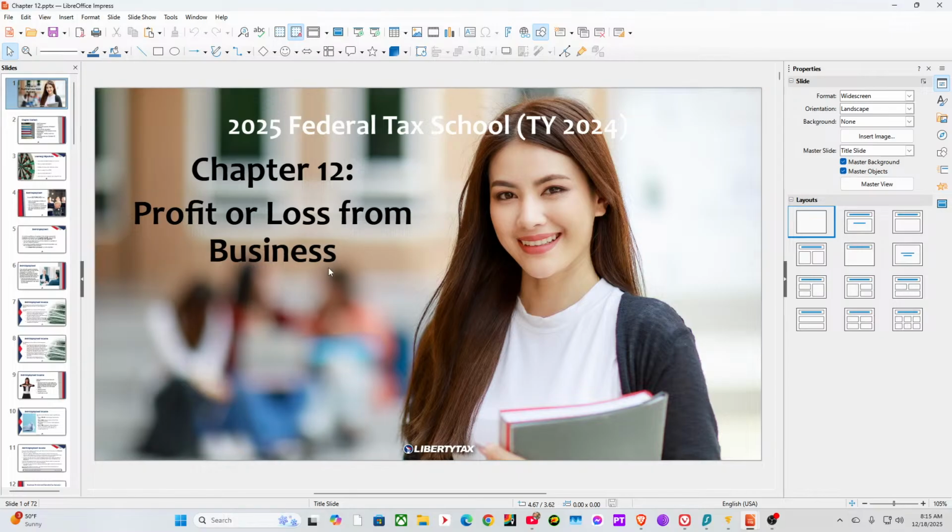And then the Schedule C, this profit or loss from business, just a touch on it, and you'll have the information, the knowledge to work through the simplest of them. But again, we're not going to cover everything you need to know to do every last Schedule C that's going to walk through the door, because there's a lot of information that is outside of the scope of this class.